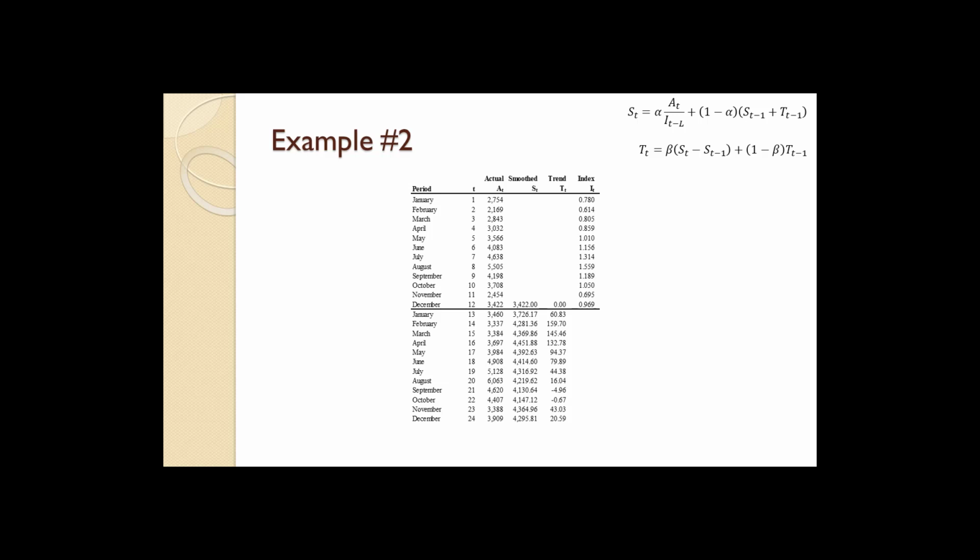S sub 16 equals 0.3 times 3,697 divided by 0.859 plus 1 minus 0.3 times the quantity 4,369.86 plus 145.46 equals 4,451.88. T16 equals 0.2 times 4,451.88 minus 4,269.86 plus 1 minus 0.2 times 145.46 equals 132.78. The rest of the values are computed the same way. Pause the video and check your work so far. If you made a mistake, please rework the problem before continuing.